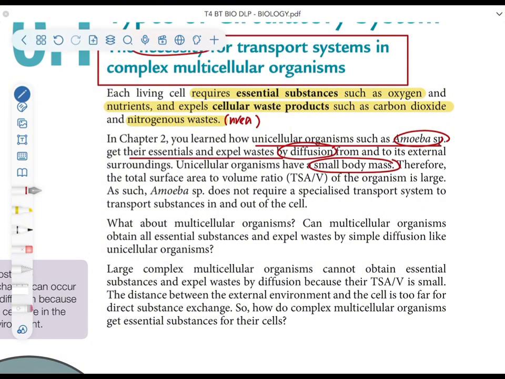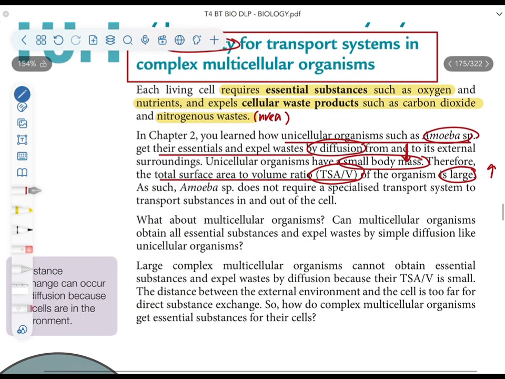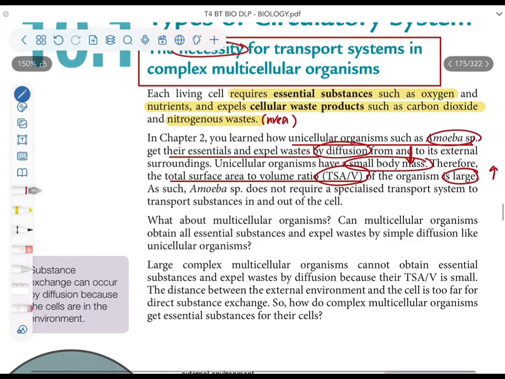When the body mass is very small, the total surface area to volume ratio is very large. Let me highlight the relationship between the body mass and the TSA per volume ratio.